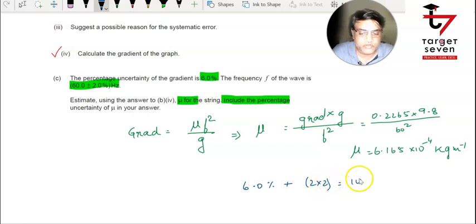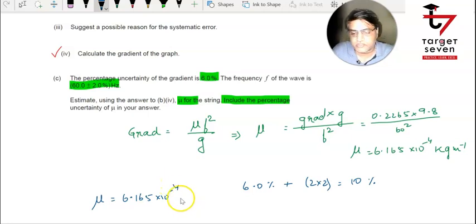Therefore, the overall will be 10%. Therefore, the mu value is now reported as 6.165 times 10 to the power negative 4, plus or minus 10%, unit kg per meter.